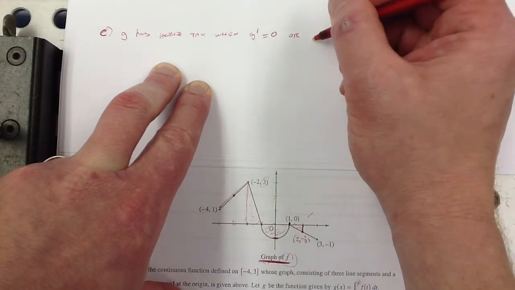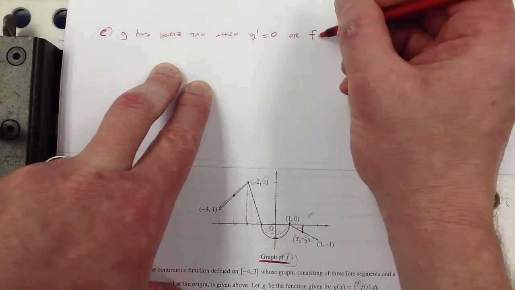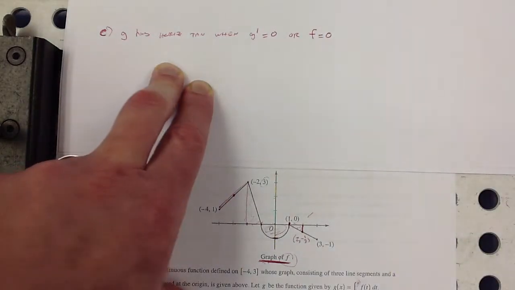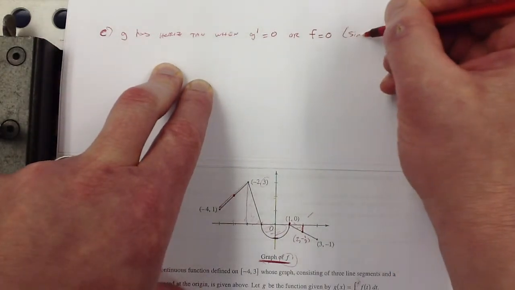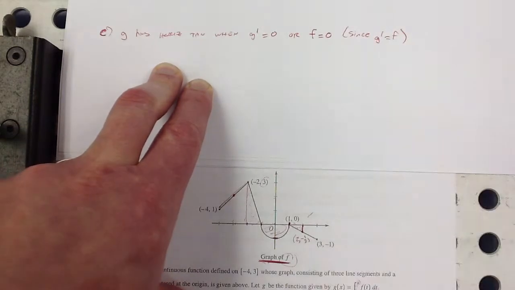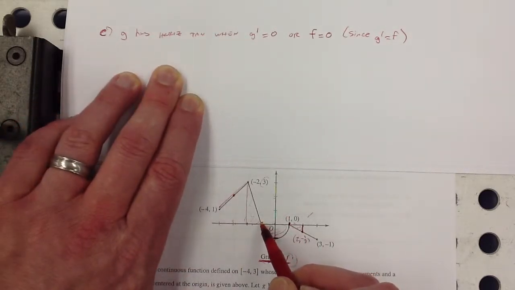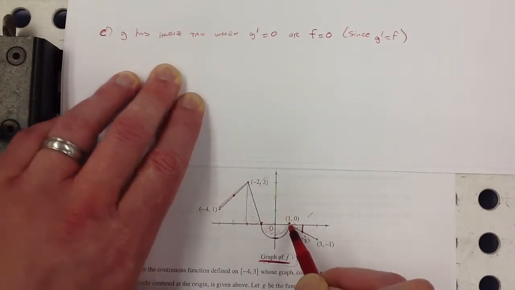Or in other words, when G prime is just the f function. That's where f is equal to 0, right? And I'm just going to write in a sense G prime is equal to the f function. So where does f equal 0? Well, this function equals 0 here and here.